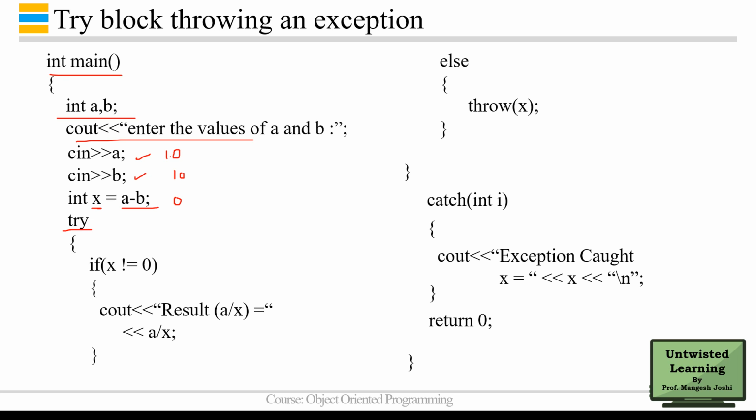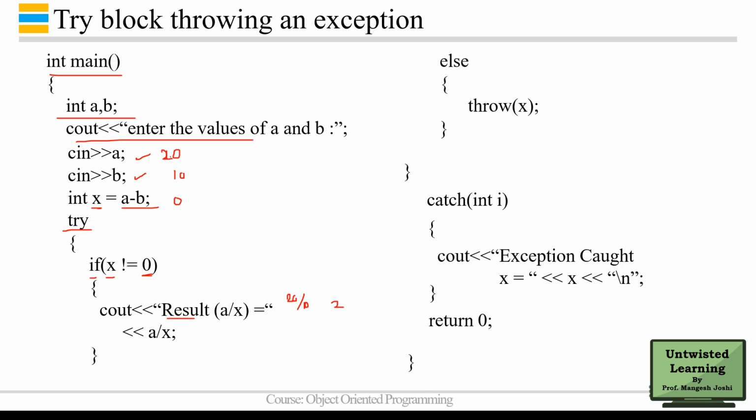And then try: if x is not equal to 0, it means you will have to obtain the result. So if it is not equal to 0, then cout the result, a by x. Suppose this is 20 and this is 10, so you will get 20 by 10, which is 2.